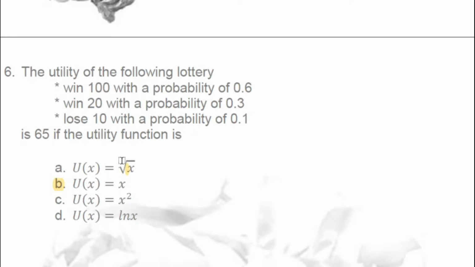You will see that the utility of the lottery, so the expected utility, is not 65. Then try with B, and you will see that it's the correct answer.